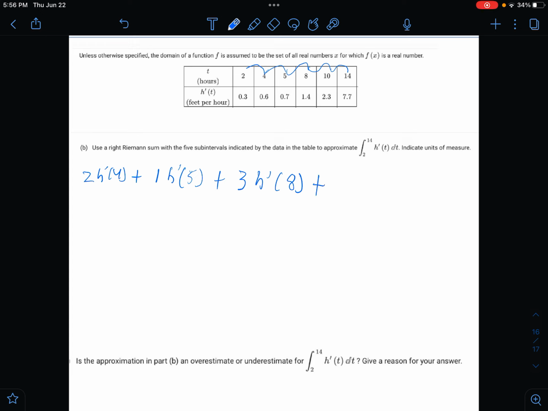Now let's add the fourth subinterval. That's between 8 to 10. The difference between 8 and 10 is 2. So we write 2 times h prime of the rightmost point, which is 10. So it's h prime of 10.